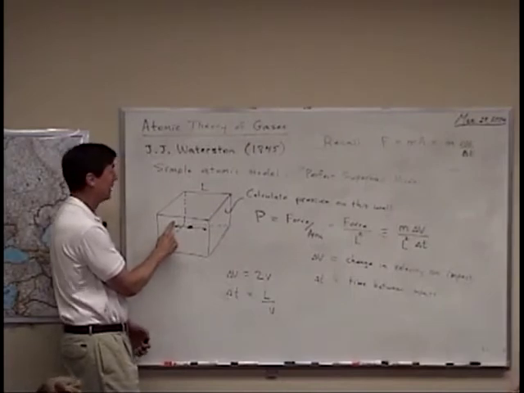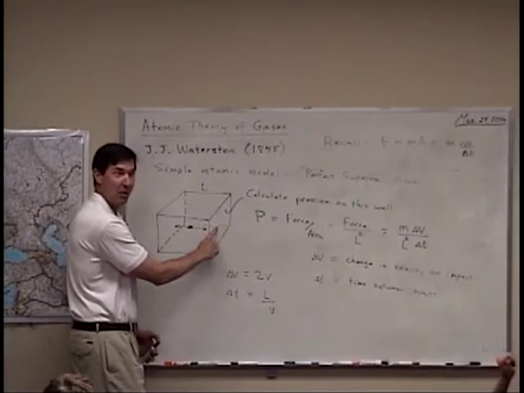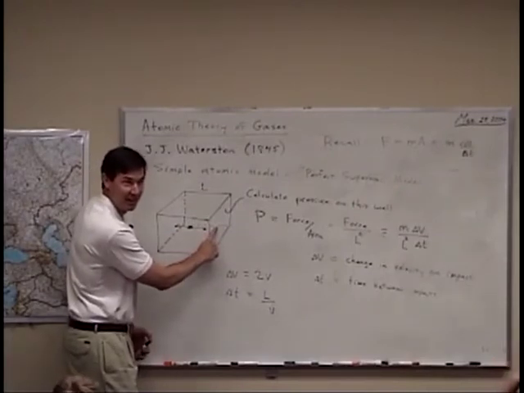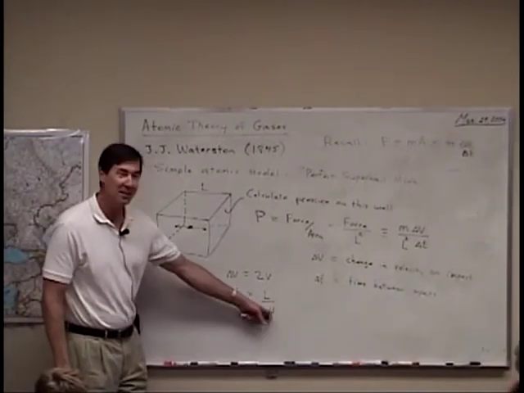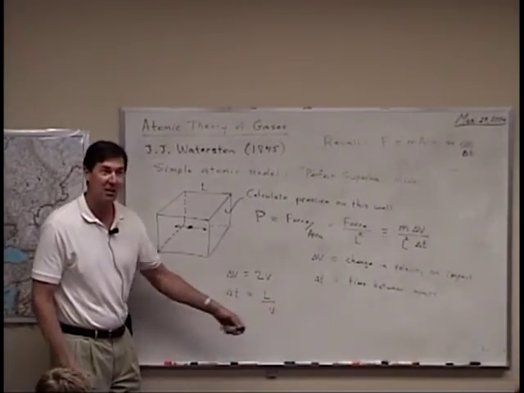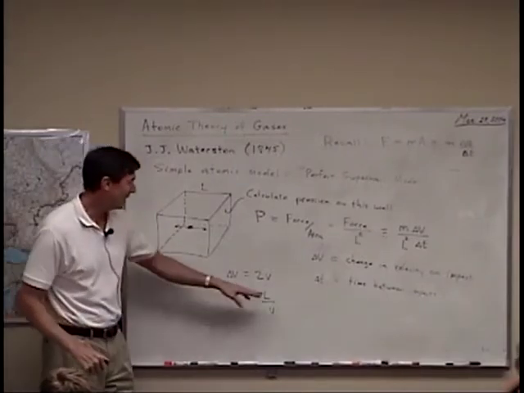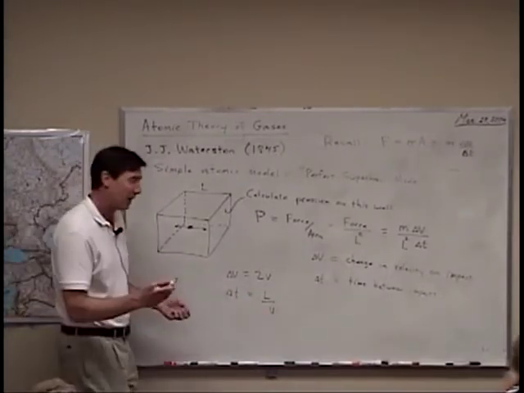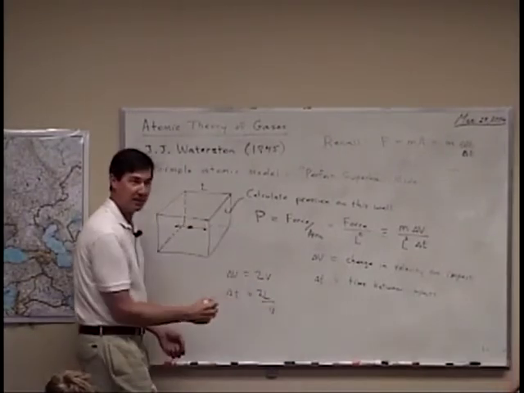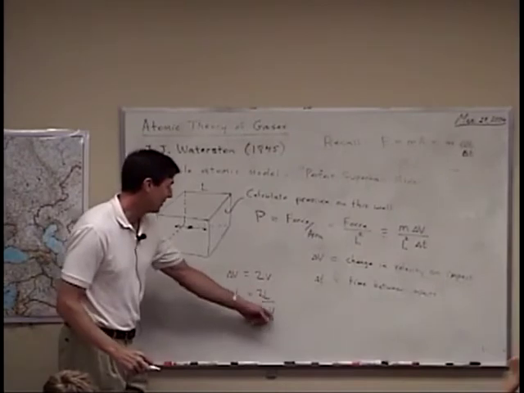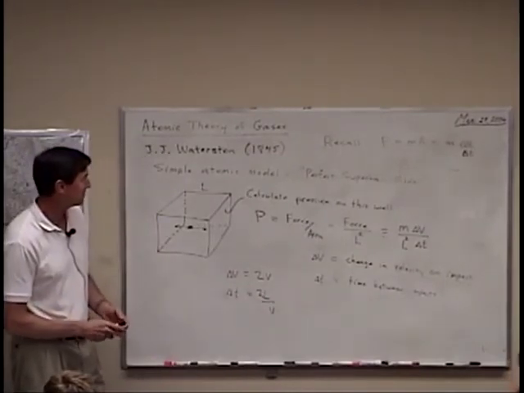So it's gone a distance L, and then back to this wall, for a total distance of 2L. At speed v, you just put the distance over the speed to get the time. So 2L over v for the time interval.